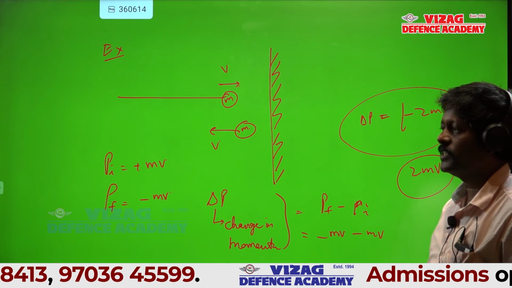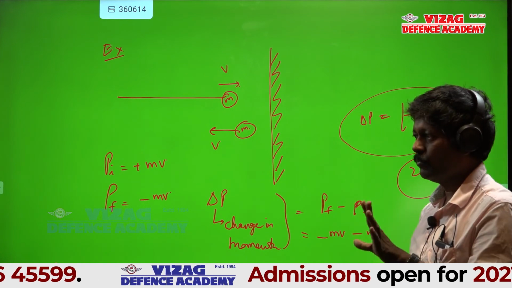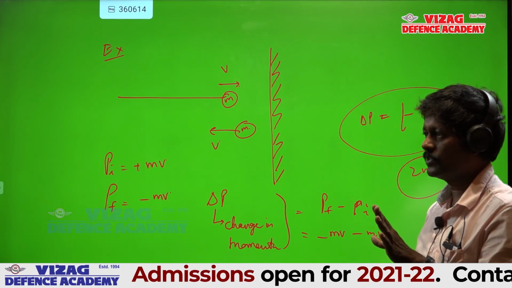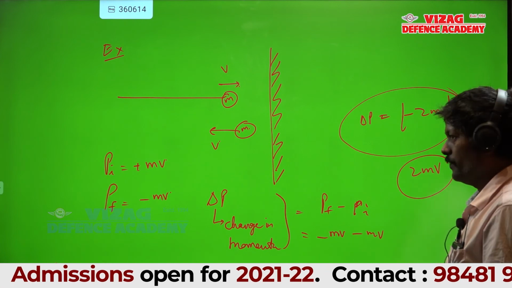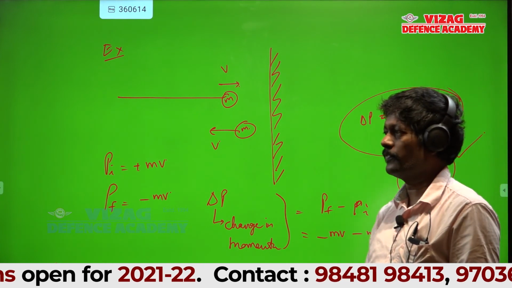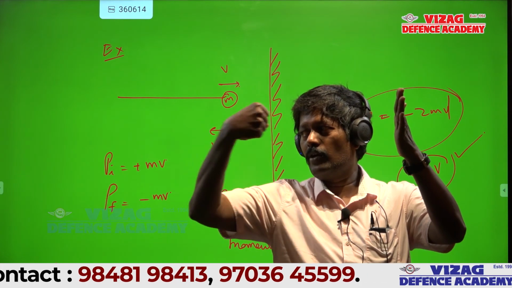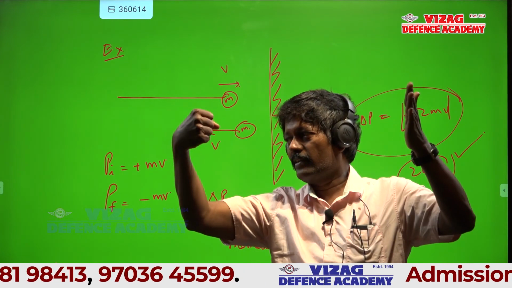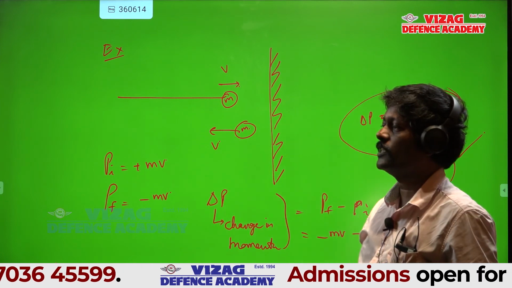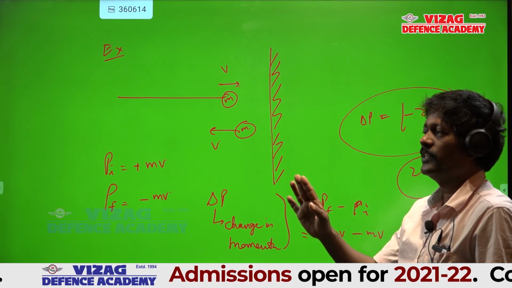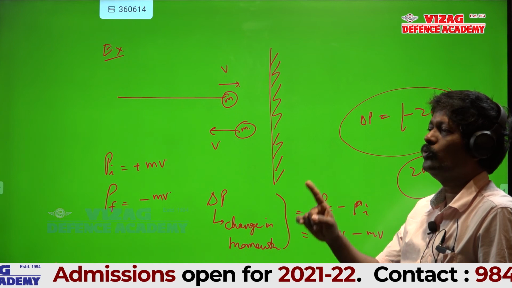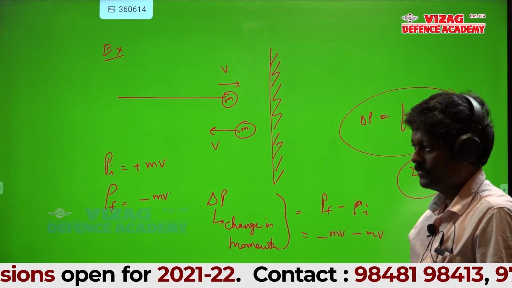So what is the change in momentum? 2 mv, the modulus. The board is blurry, okay, the Wi-Fi has some problems, it's connected to a different network. Listen, look at my hand. If the ball hits and comes back, the change in momentum is not 0. The change in momentum is 2 mv in modulus.